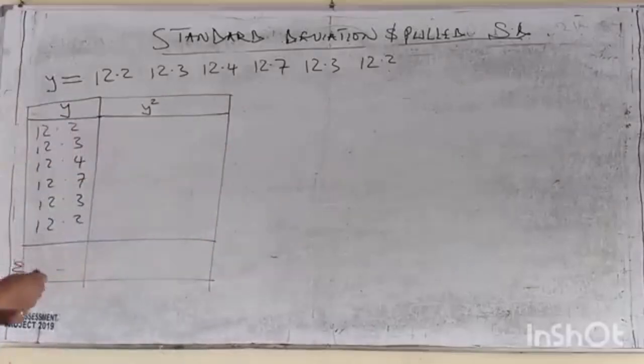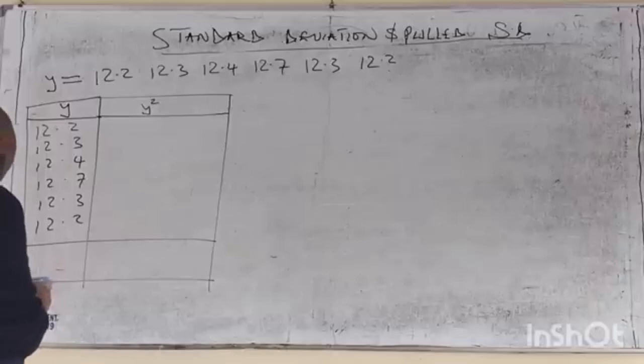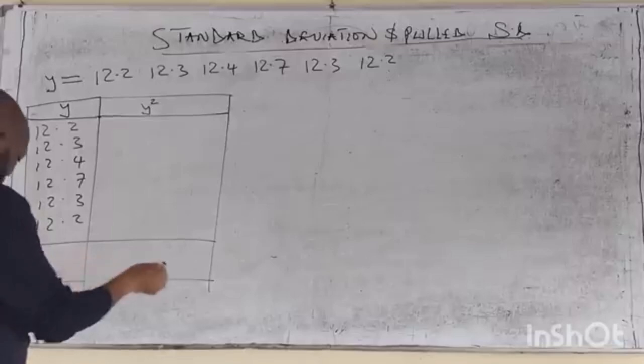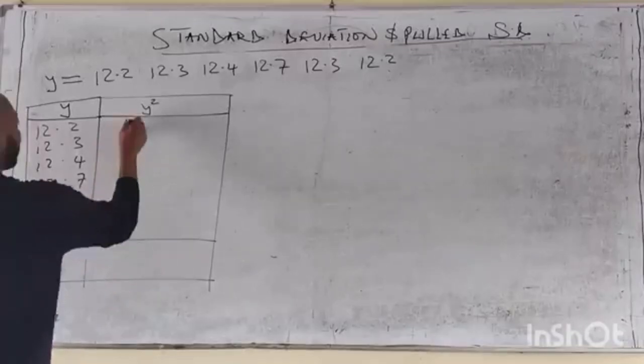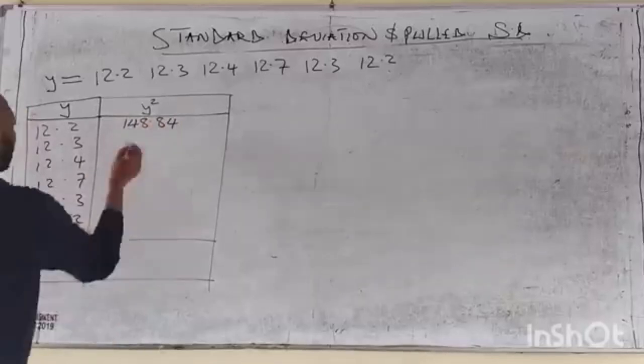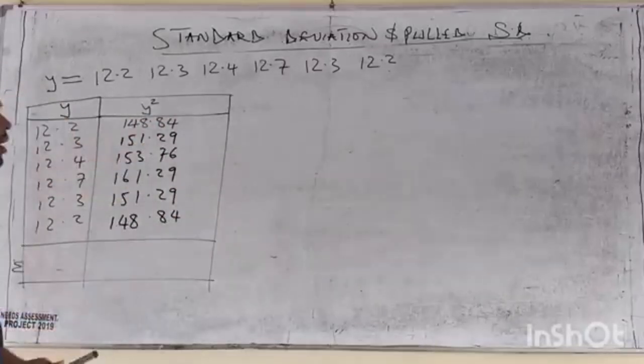Now we have to square all of them. 12.2 squared, 148.84. These are the squares of y.